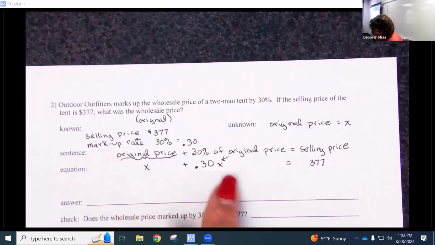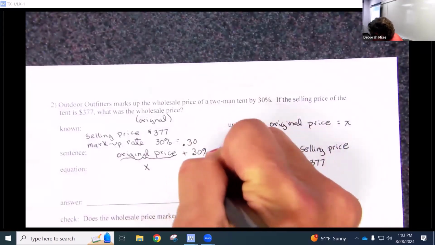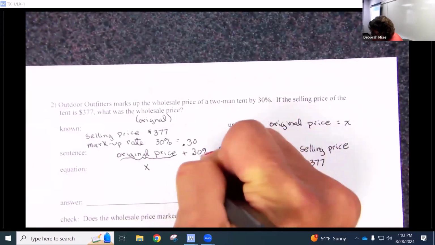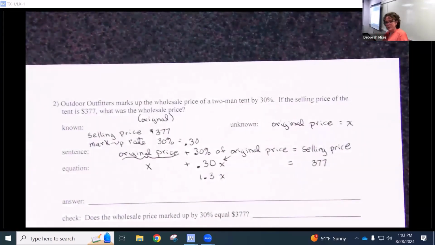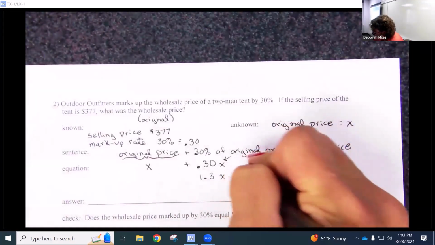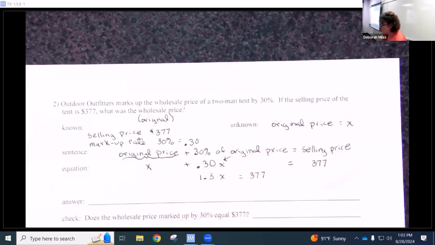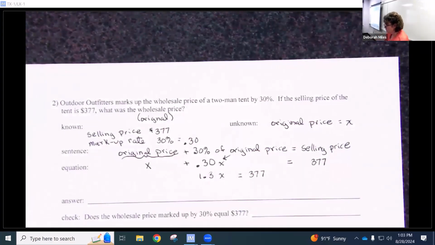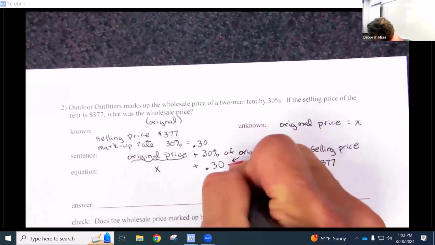Solve my equation. I'm going to combine like terms. Left-hand side, 1.3x equals 377. And I can't do that in my head. So 377 divided by 1.3 is 290.